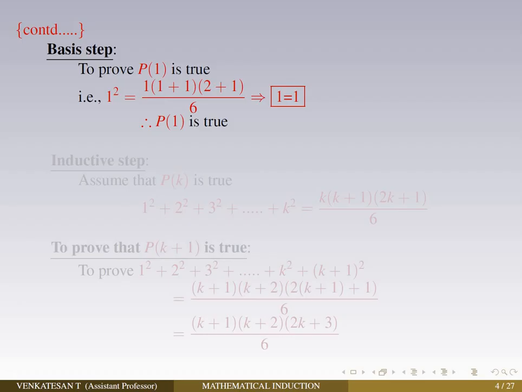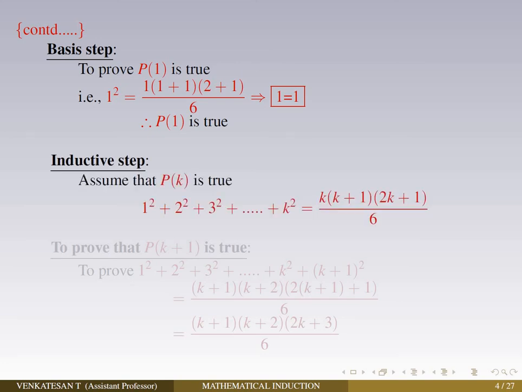Next step. In inductive step, as I said earlier, we are going to assume P of k is true. That is inductive hypothesis. P of k is true means that replacing all n values with k here, which means my left hand side becomes 1 square plus 2 square plus 3 square plus etc. up to k square is equal to k into k plus 1 into 2k plus 1 divided by 6.